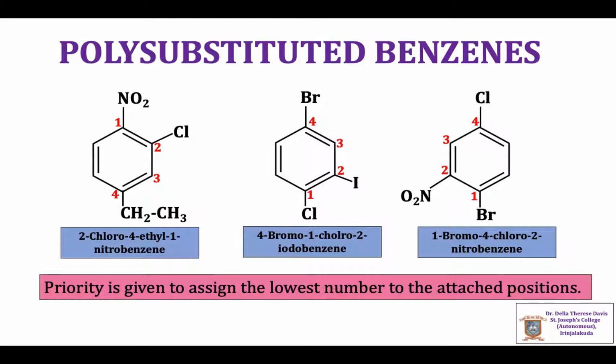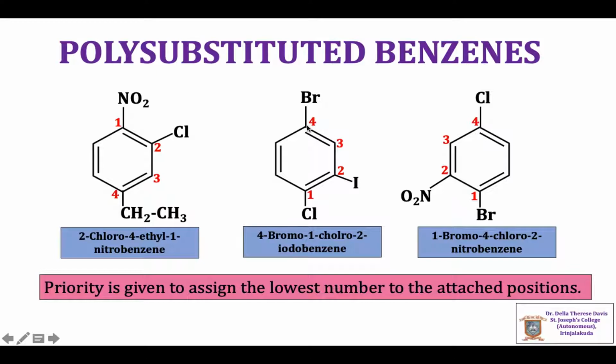And in the name of the compound, the substituents should be represented in the alphabetical order. So chlorine comes first, then ethyl, and finally nitro. Hence the molecule is called 2-chloro-4-ethyl-1-nitrobenzene.